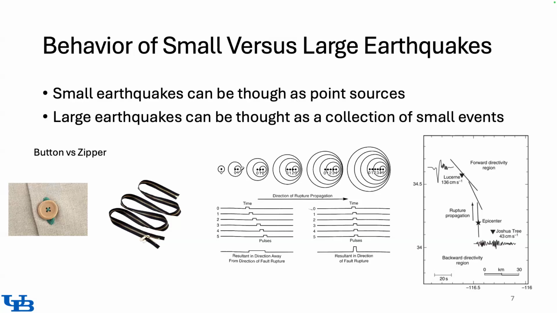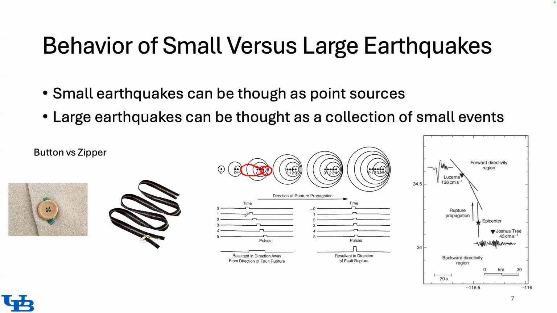So in the direction parallel to the direction of the propagation, you see the seismic waves are closer together because by the time the first seismic wave traveled, you have the second rupture releasing energy, and so you have this area where the seismic waves are interfering with each other, whereas in the direction opposite to the propagation of the rupture, you have the seismic waves spreading apart.